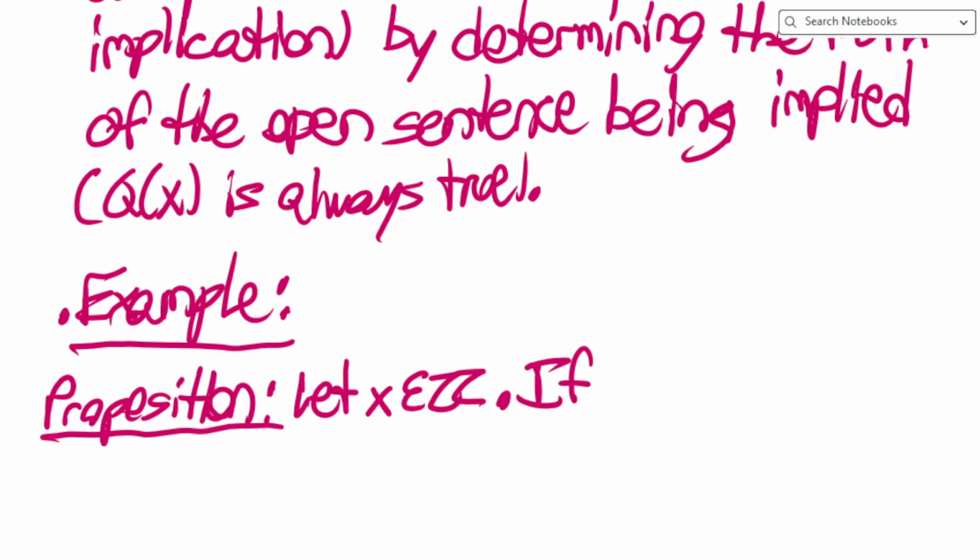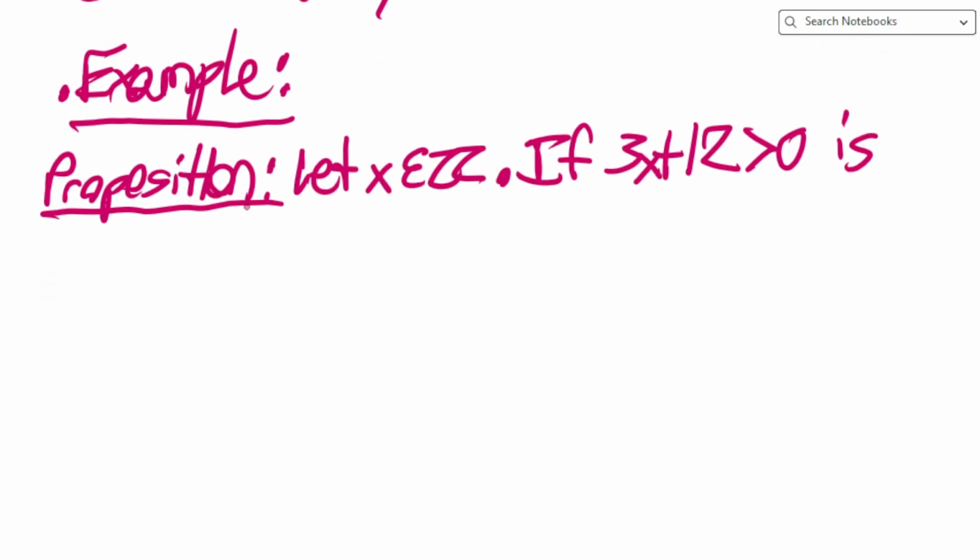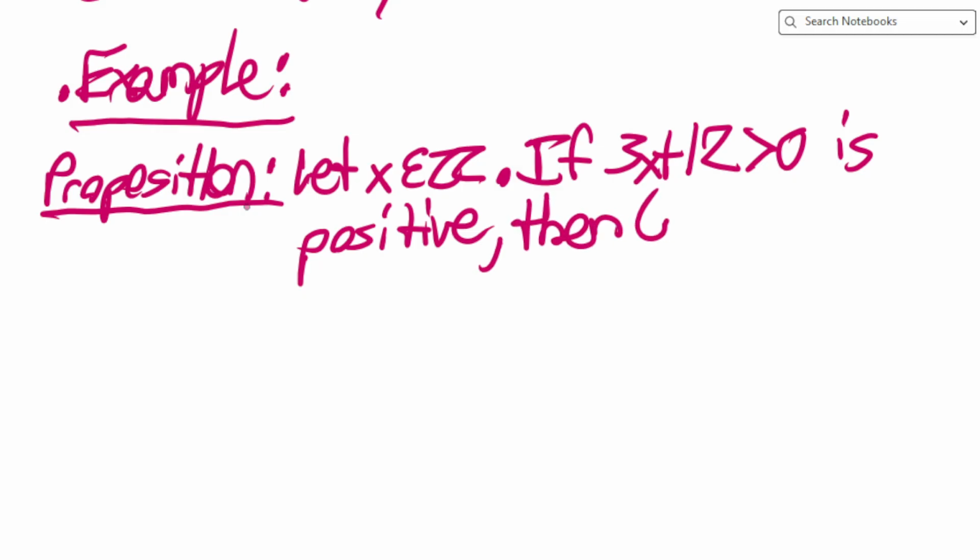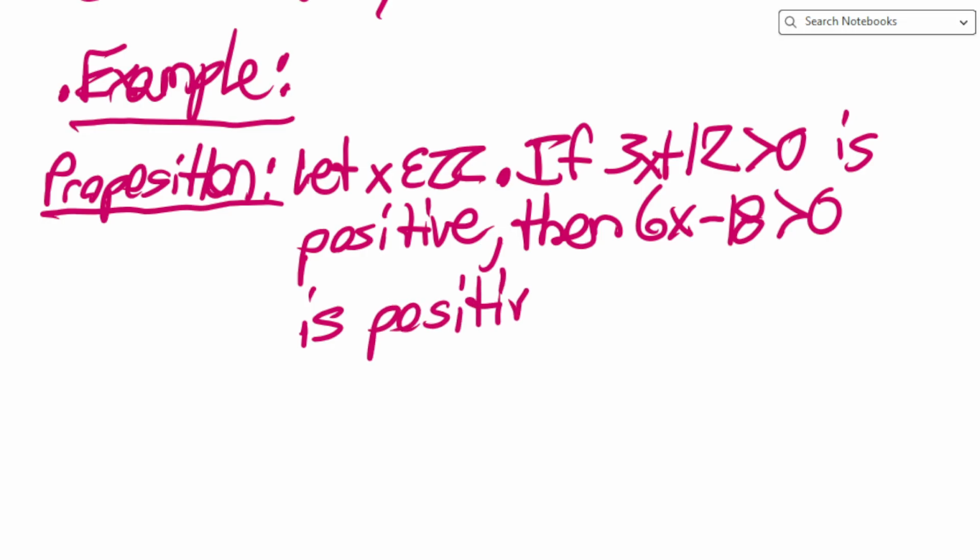If 3x plus 12 is greater than 0 is positive, then 6x minus 18 greater than 0 is positive.